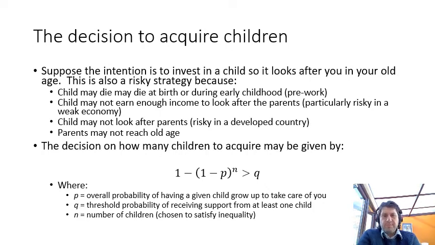And here's essentially an equation that we boil it down to, thinking about children as investment goods. Okay, so I'm not going to go over the equation now in detail, but the idea is that you have these probabilities of having a child grow up to take care of you, and the probability that you want, and so you solve n for the optimal number of children.